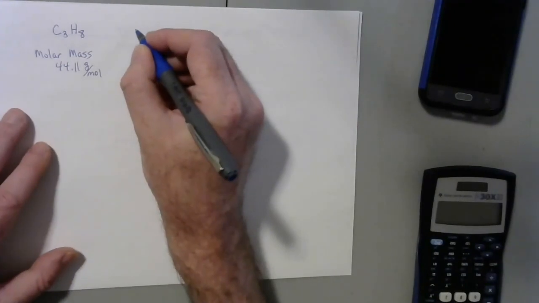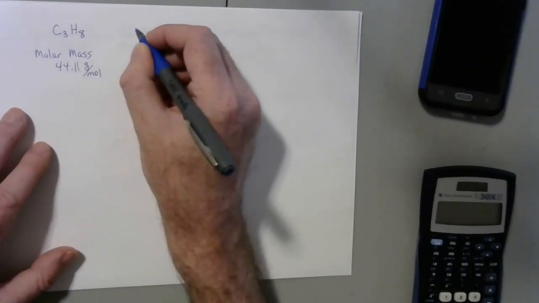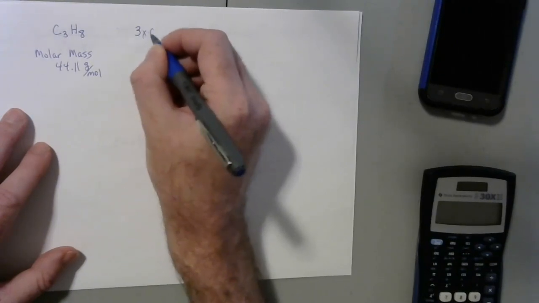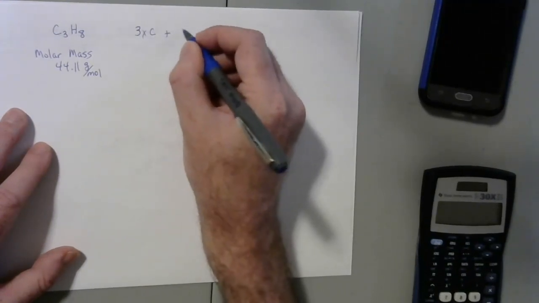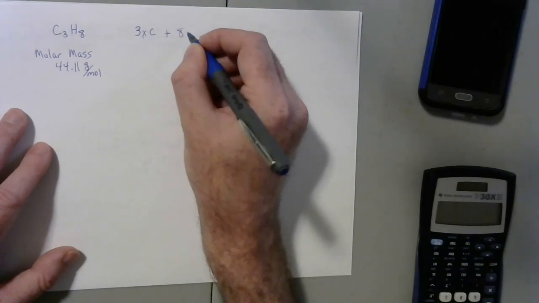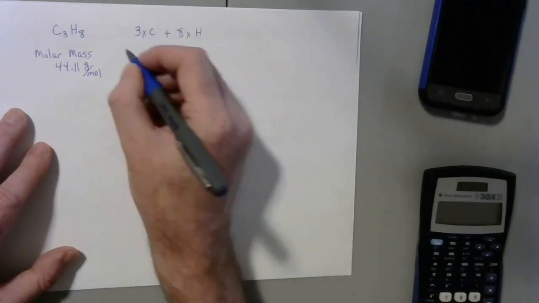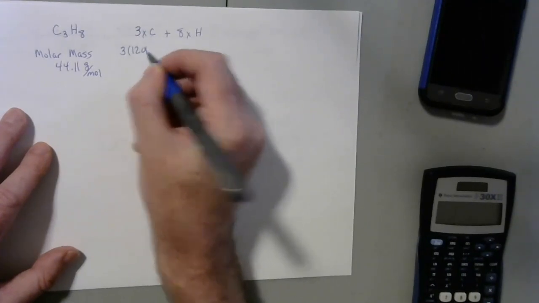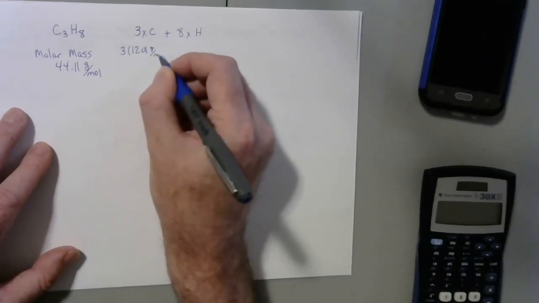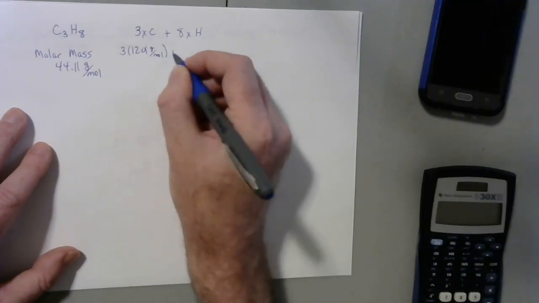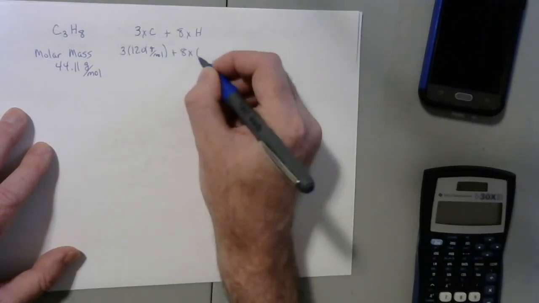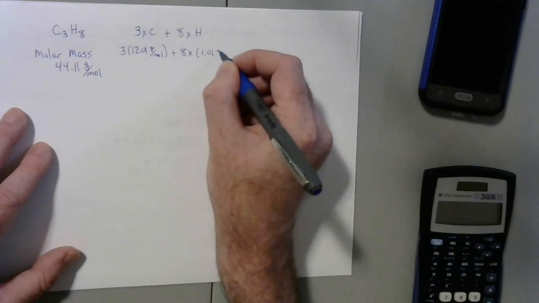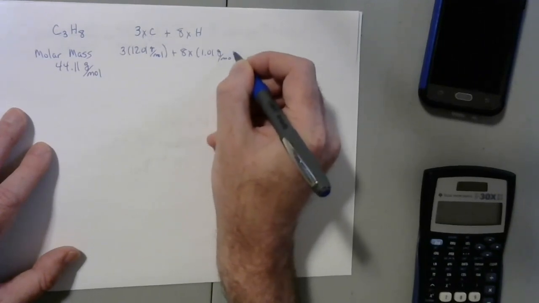So kind of working back through that, we find that the molar mass was 3 times the mass of a carbon plus 8 times the mass of a hydrogen. So we had 3 times 12.01 grams per mole plus 8 times 1.01 grams per mole.